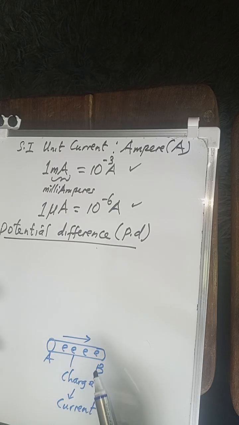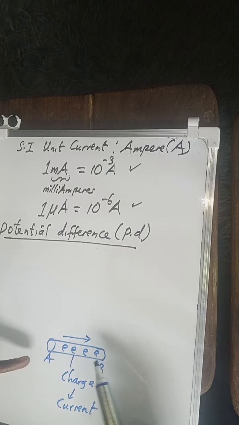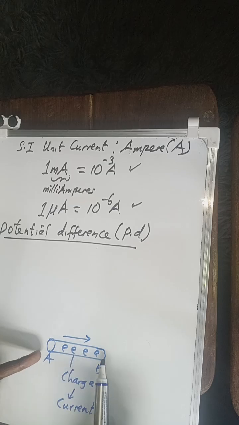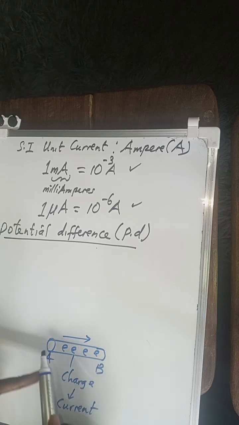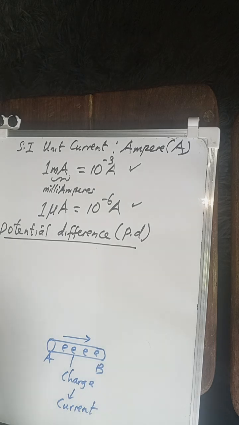So what exactly is potential difference? Potential difference is the work done in moving a charge between 2 points, for example, between point A and B. So how much work is done in moving a charge between 2 points? That is what I call potential difference.